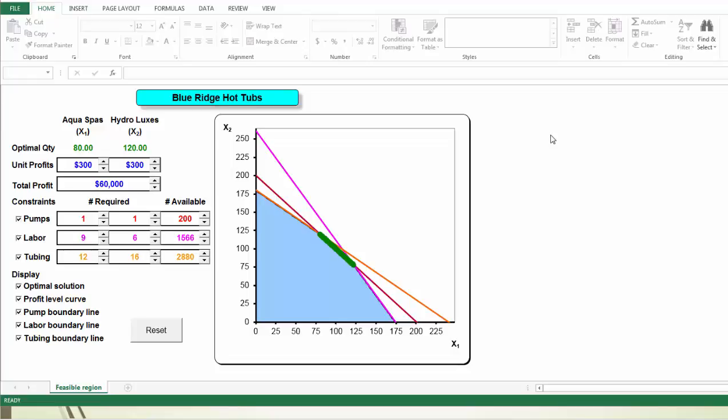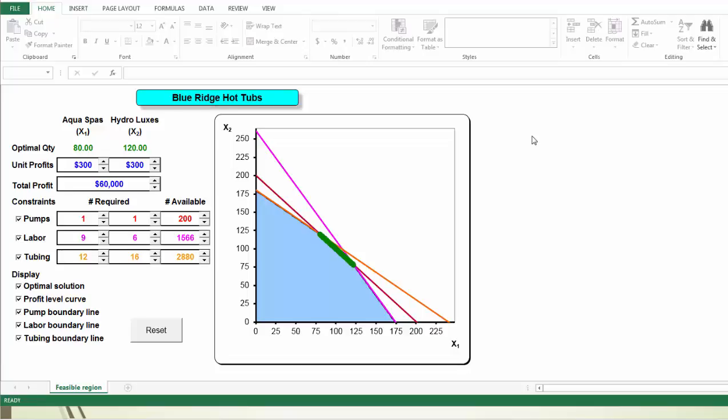But that's exactly how we found our allowable decrease for Aquaspar's unit profit. It was 350, and we can decrease this number all the way down to 300 without changing the optimal solution. So the allowable decrease for Aquaspar's coefficient is 50.